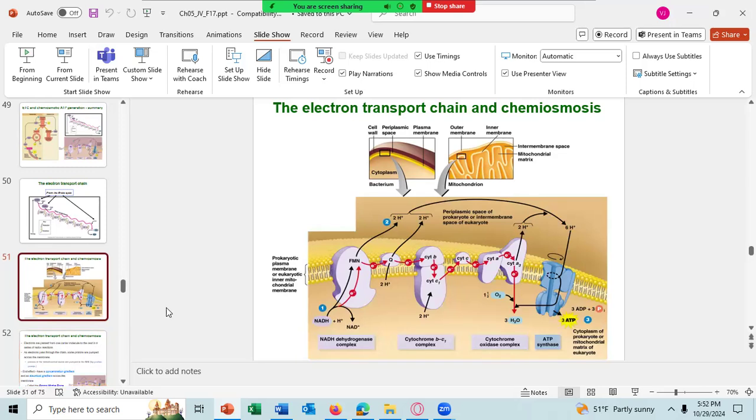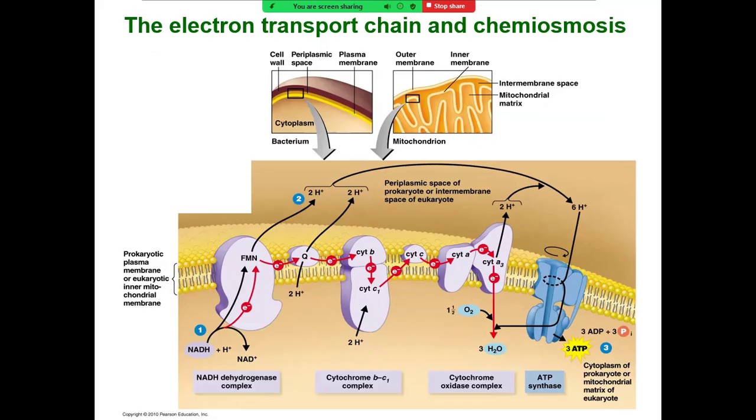I'm showing you once again, let me see if I can blow this slide up. In aerobic respiration of a eukaryote, this membrane, which is where the electron transport chain occurs, is the inner mitochondrial membrane of the cell.